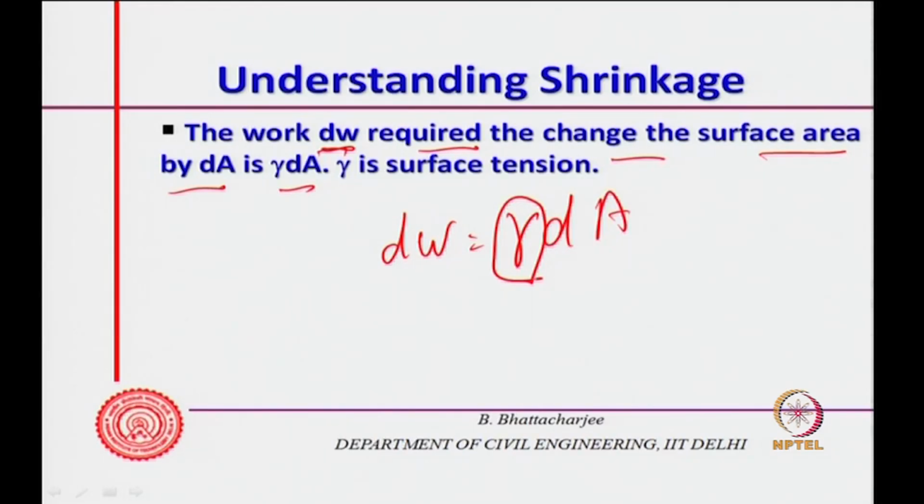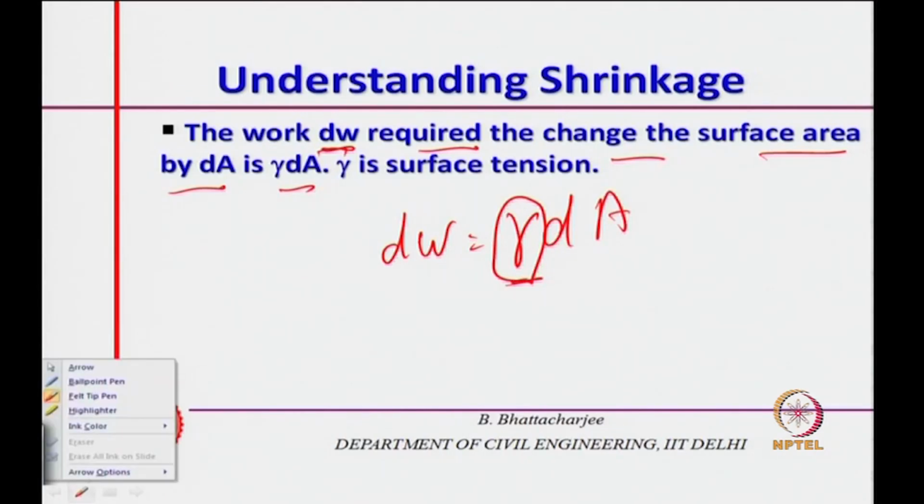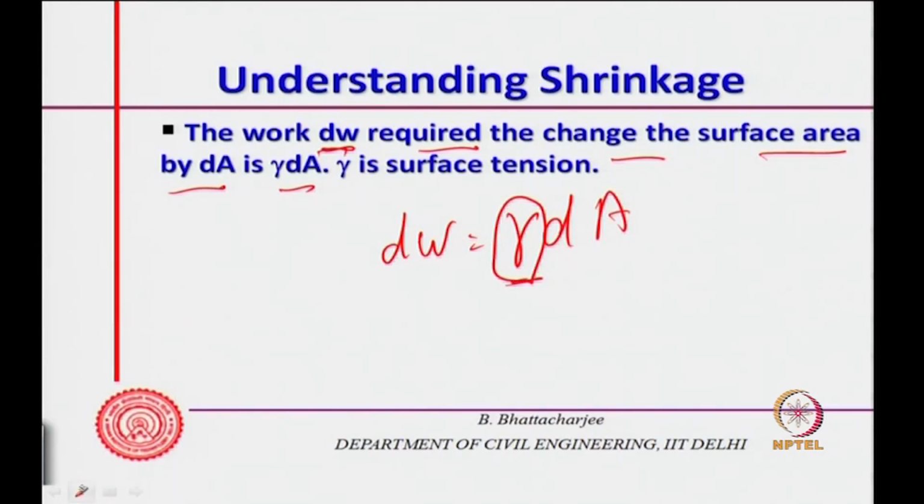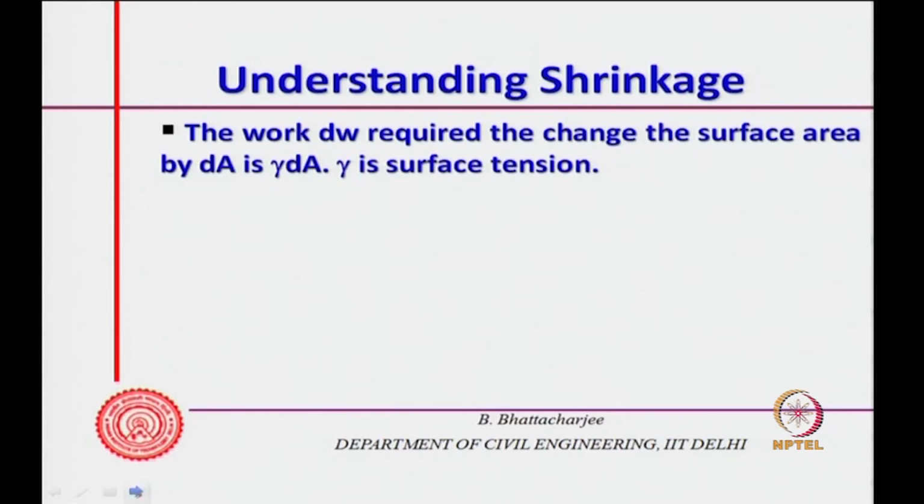This is the work required to change the surface area, because the liquid has a tendency to attain a minimum surface area. So, if you want to increase it, you have to do work, and the constant of proportionality is gamma. So, the energy required per unit area is actually the surface tension.